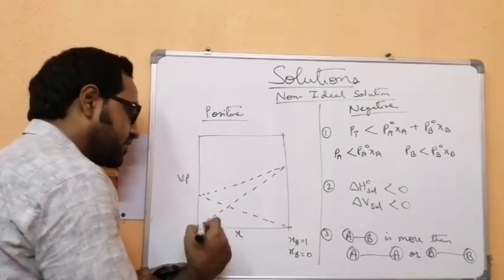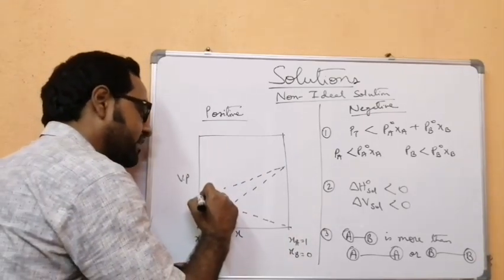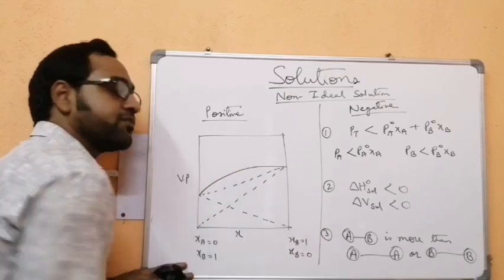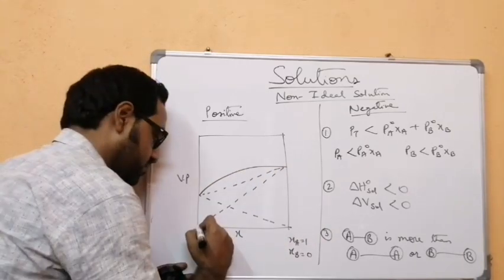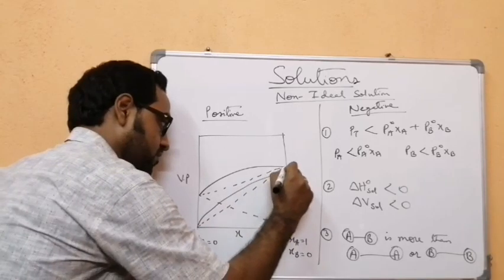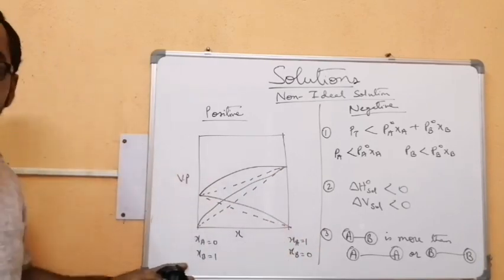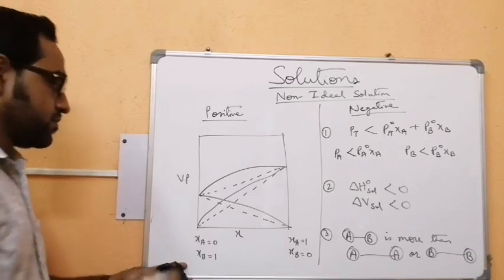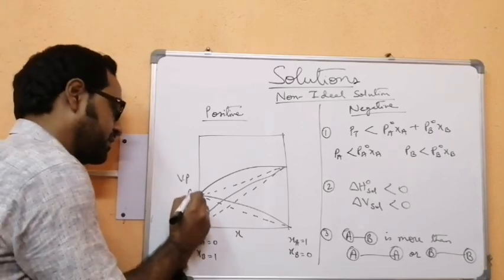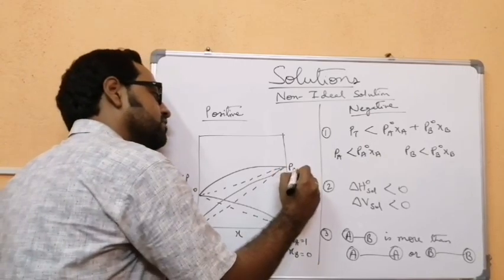Now for positive deviation, the vapor pressure of the solution will be greater than that expected from Raoult's law. This is PB naught, this is PA naught.